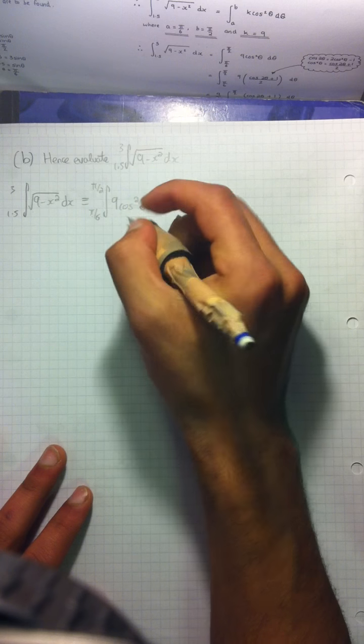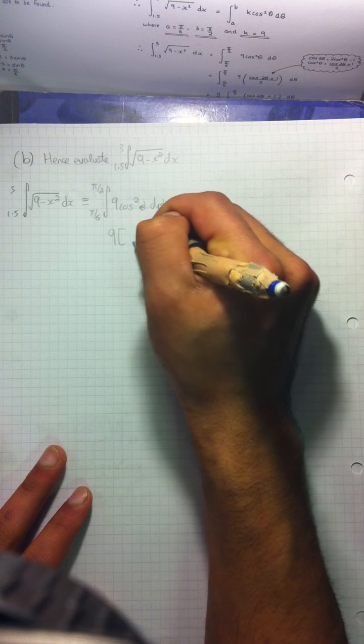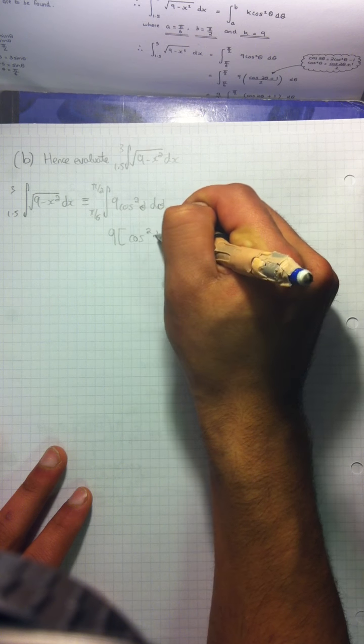So nice and easy, what we're going to do is take the 9 out. So we have cos squared theta d theta. Now this is integrating an even power of cos.